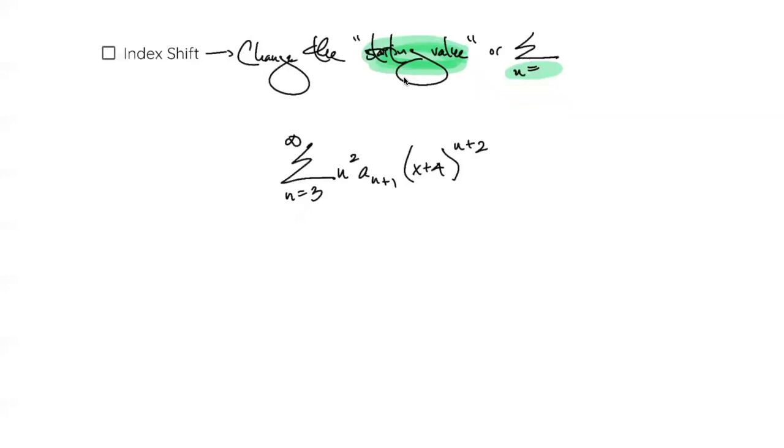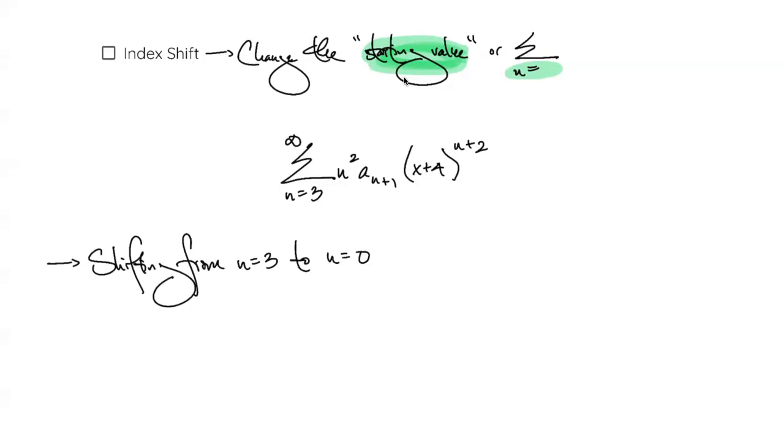And I want us to think about how we can do one of two things, right? So first, we're going to think about shifting from n equals 3 to n equals 0.